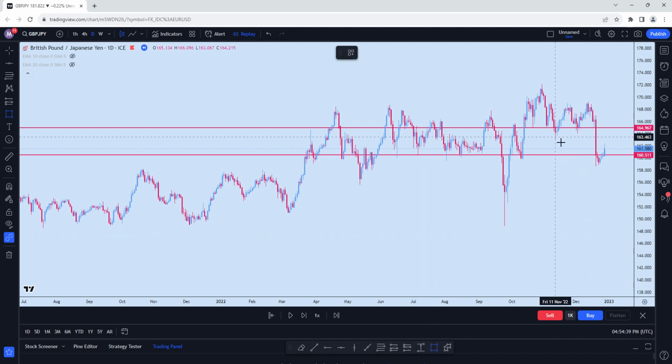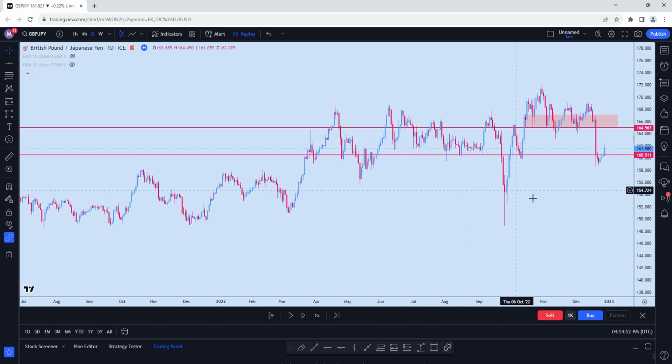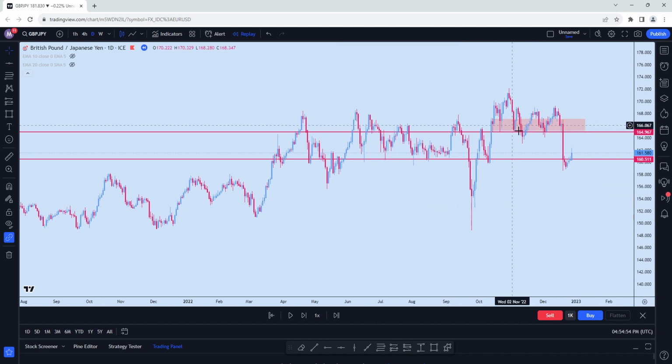Now cluster. So this is a cluster. The candle which initiated the move up. So this candle made one move up here, this candle 2, this candle here, up here, this cluster of candles, 1, 2, 3, 4 move up.